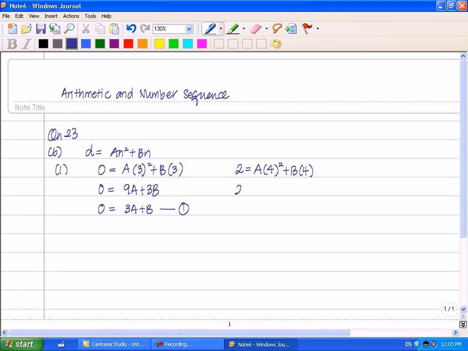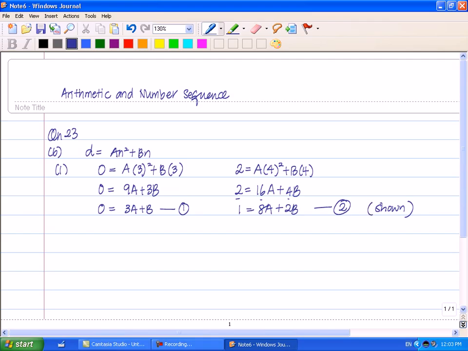Hence, let us take a look. I have 16a plus 4b. And all the numbers are in multiples of 2, so I can divide throughout with a common factor 2, and that will give me 1 equals to 8a plus 2b. Shown, equation number 2.